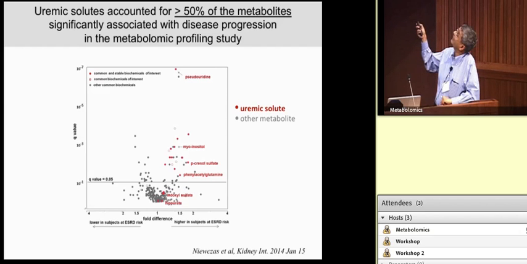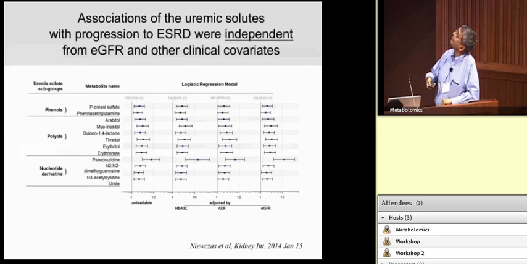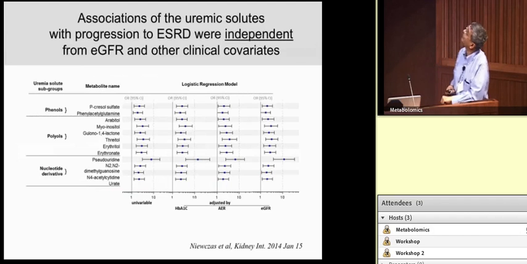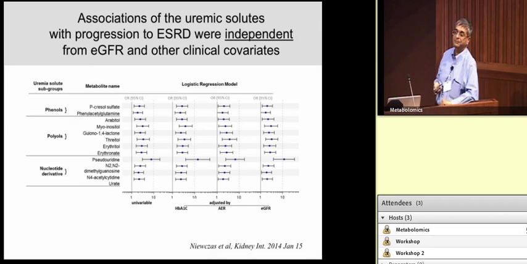And then you see a pretty similar picture here. I'm just going to skip this and show the same thing. Basically, you do a univariable and multivariable analysis and essentially show that these metabolites actually predict progression very strongly.